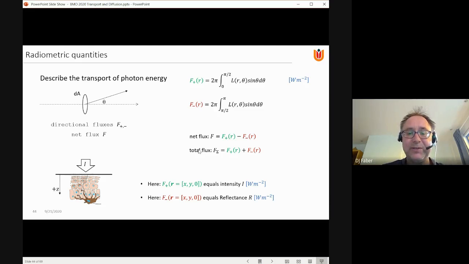Then F plus would basically equal the incident intensity because nothing would have happened yet. And the flux in the negative direction would equal the escaping power from this tissue, so everything that escapes in any direction, also in watts per square meter. So the reflectance R.